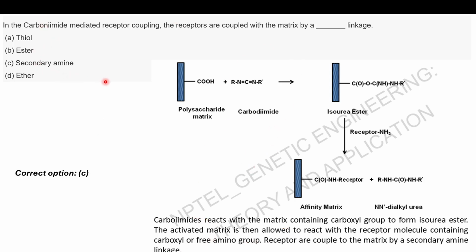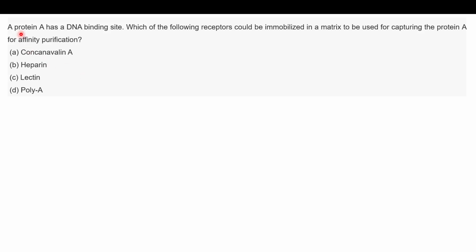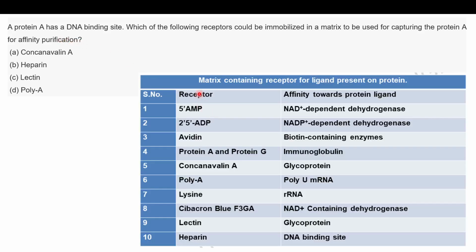Okay. And the last question is, a protein A has a DNA binding site. So, which of the following receptors should be present on a matrix, or what should be coupled to the matrix to be used for capturing this particular DNA binding protein for affinity purification? Now, these are some of the ligands that can be attached to the matrix which has affinity towards these kinds of proteins.